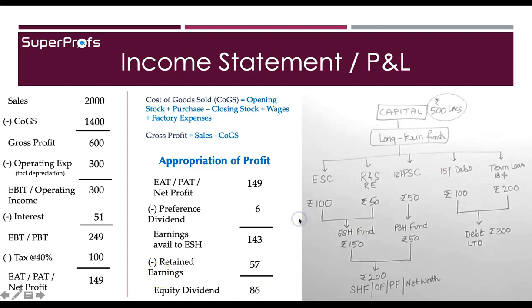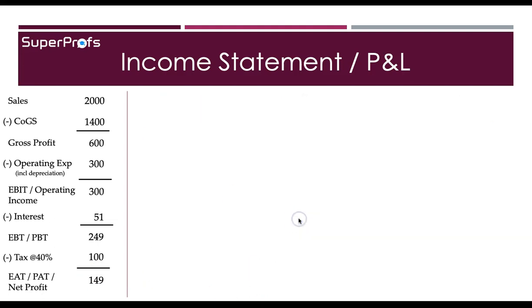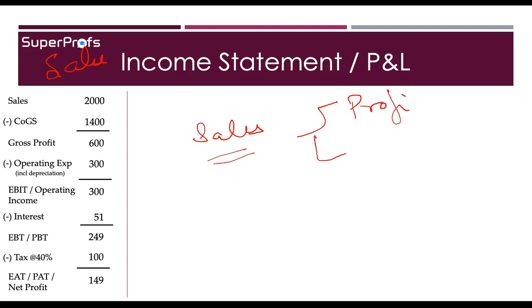All right. This example further shows how we have come to this net profit. Now we'll talk about some of the ratios. Now see, whenever you're talking about income, there are two aspects, and one is your sales, and in terms of sales, either there would be some kind of profit, or there will be some cost.